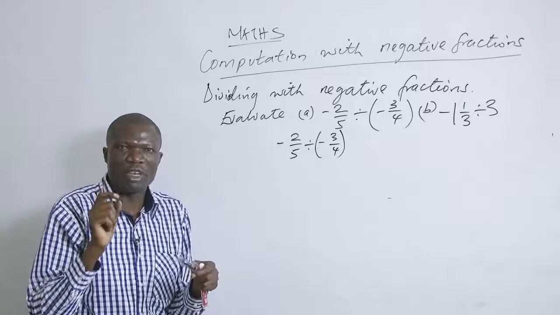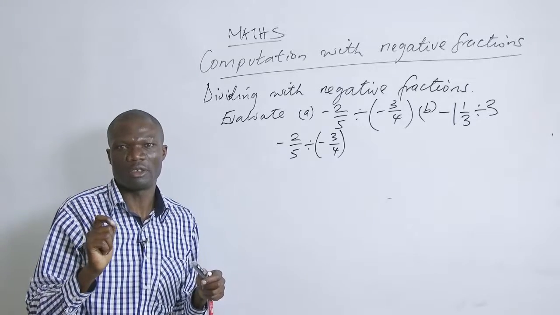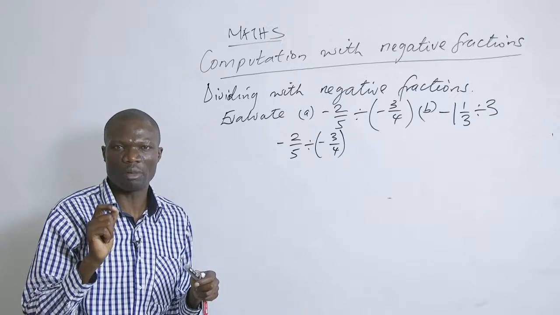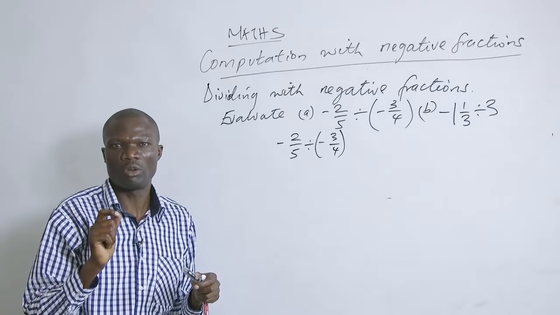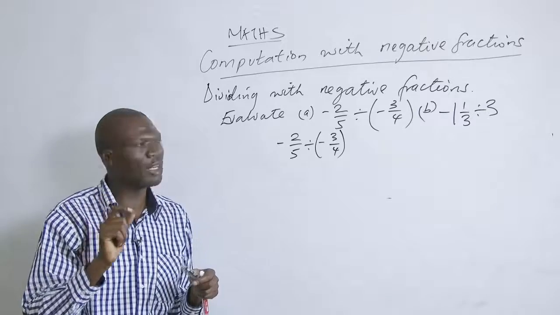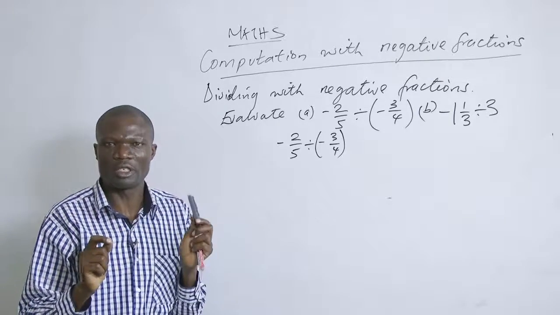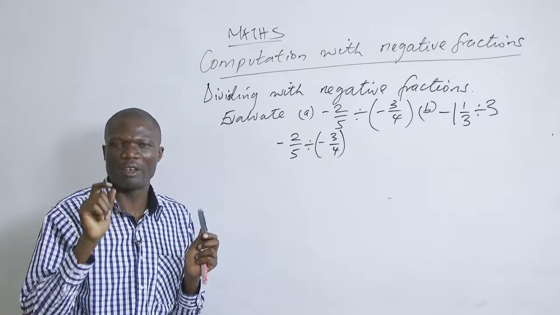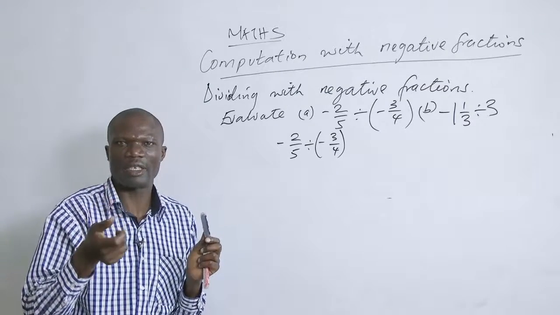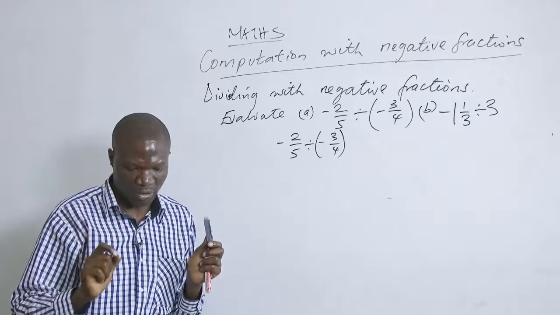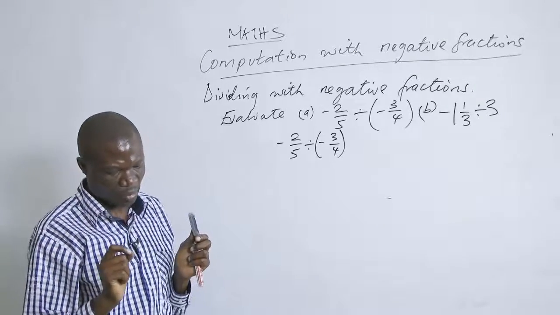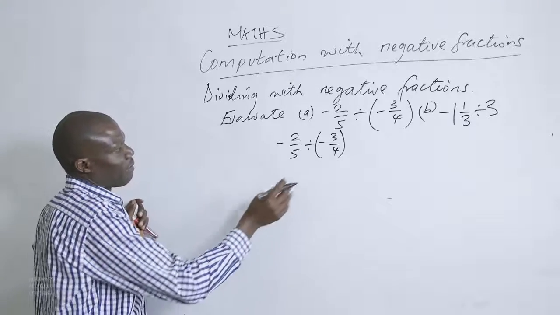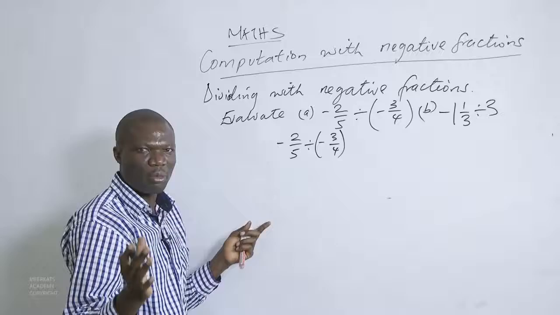Earlier on in our previous lesson, we said that dividing by a fraction is the same as multiplying by its inverse or its reciprocal. And that is very important to note. So we know the answer will be positive.